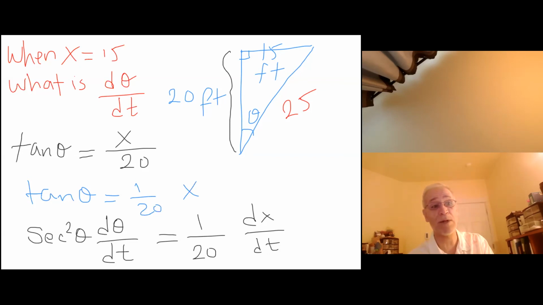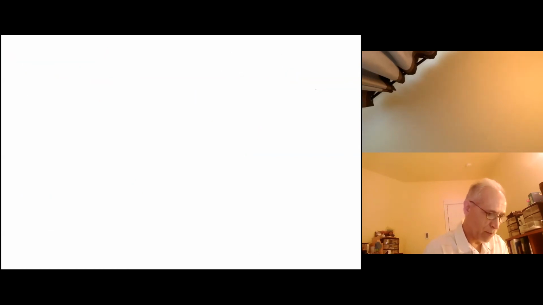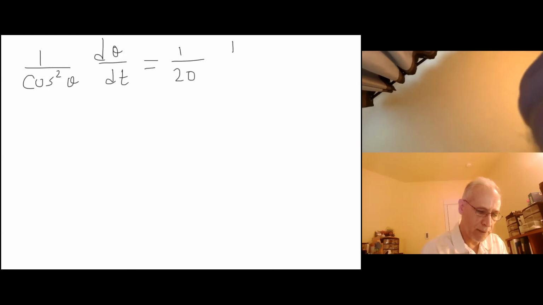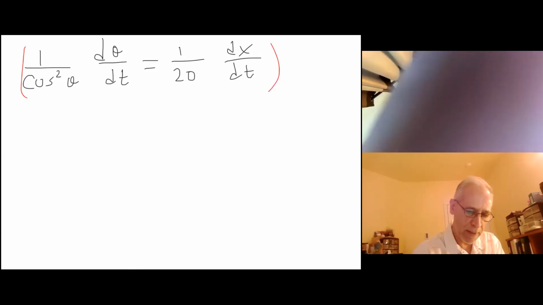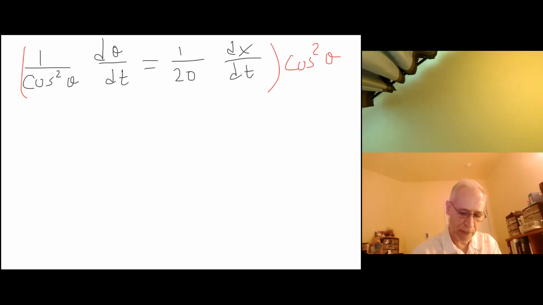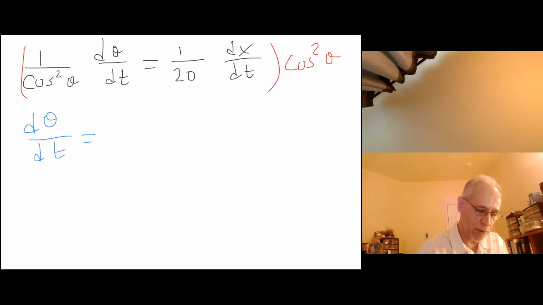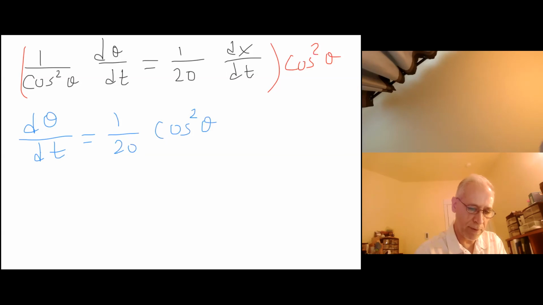Instead of secant squared, I'm going to write 1 over cosine squared of theta, d theta/dt equals 1 over 20 dx/dt. And now I'm going to multiply both sides of this equation by cosine squared of theta. So I'll end up having d theta/dt equals 1/20th cosine squared of theta.